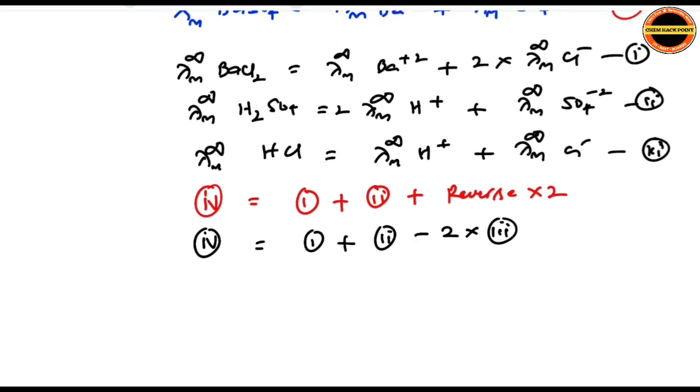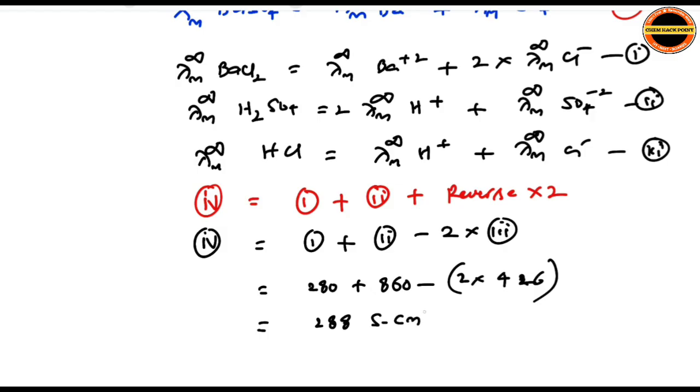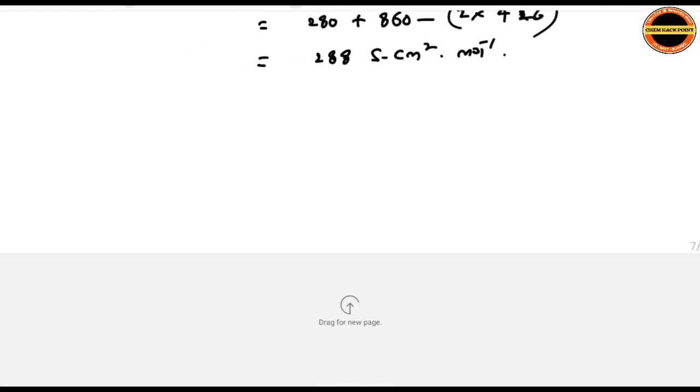See, if we reverse and add, then only we can cancel unwanted terms. So what we are getting here, one value is 280, second value 860, 426. Overall answer is 288 Siemens centimeter square per mole.